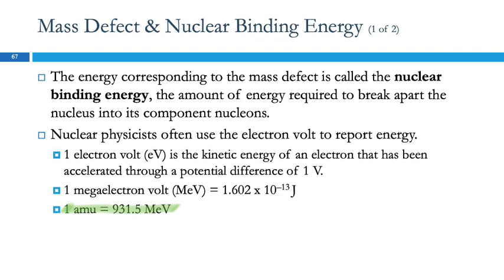So you can look at that mass defect for helium and you can convert that into mega electron volts. If you wanted that to be in joules, you could use this relationship to convert it. Of course, you can do the E equals mc squared thing as well, but these are just a lot more convenient.